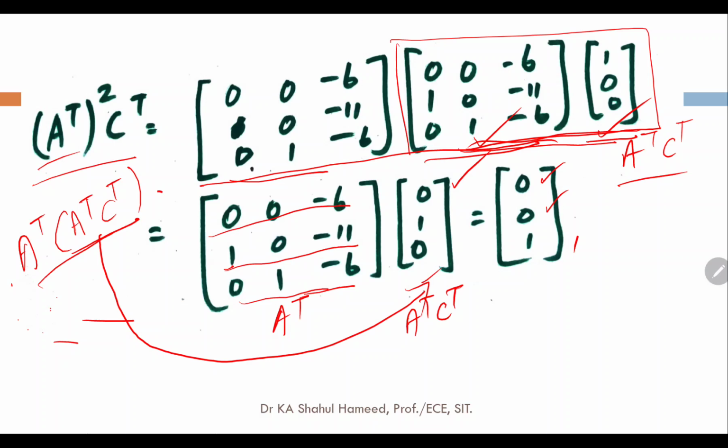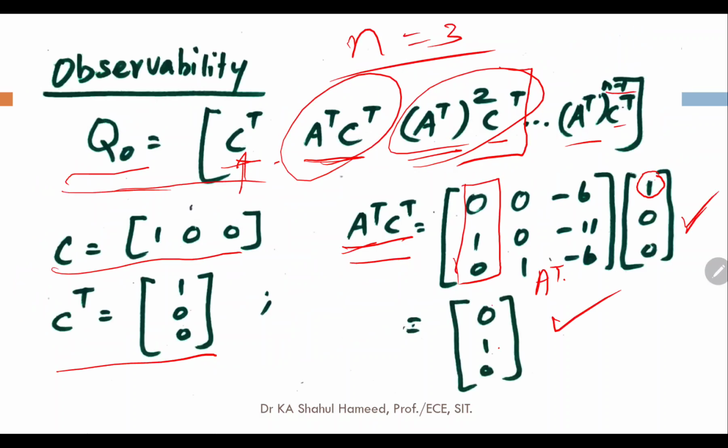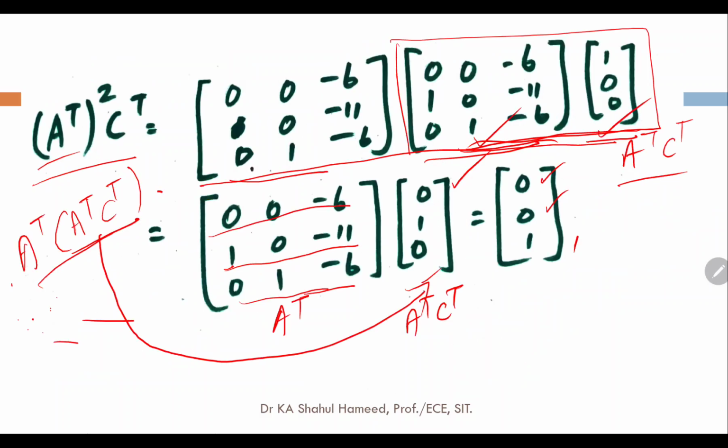Okay. Now we have to substitute all these things in the composite matrix Q0. Here this is the first column and this is the second column, that is 1, 0, 0, second column 0, 1, 0, third column is 0, 0, 1.